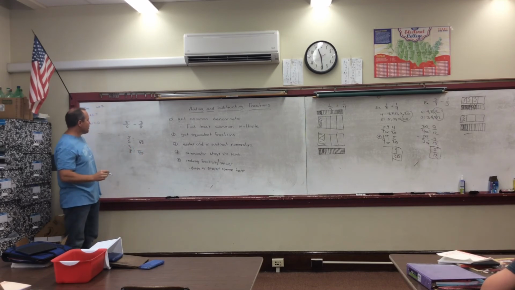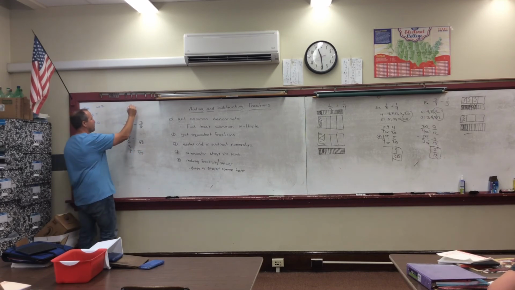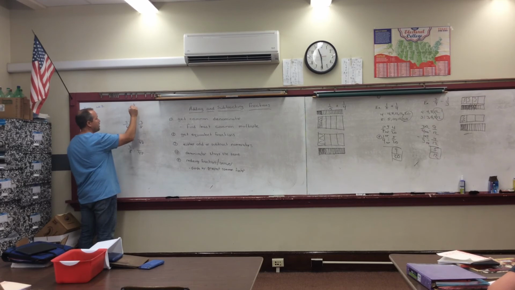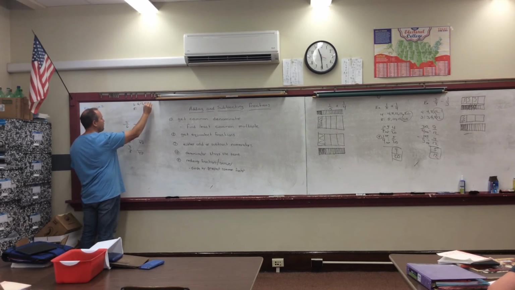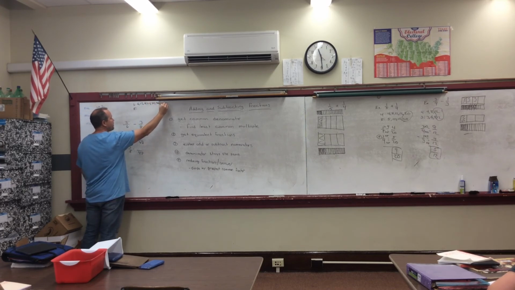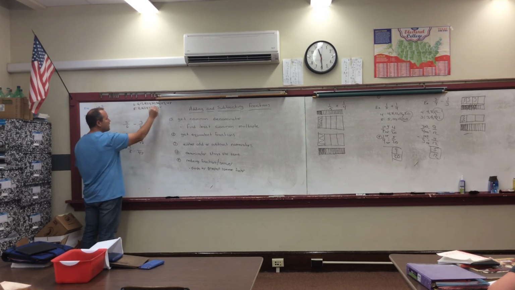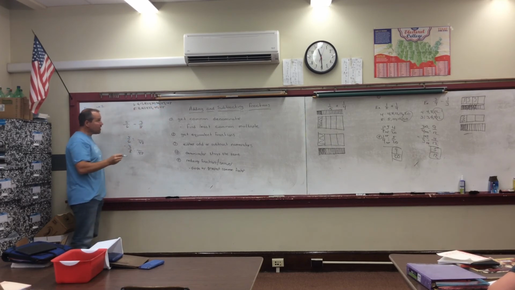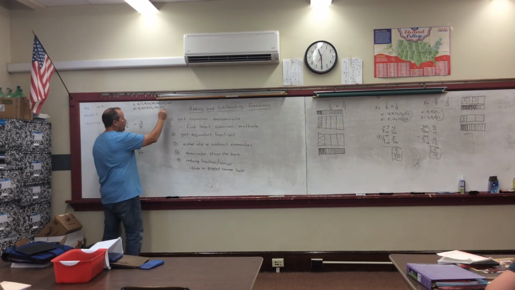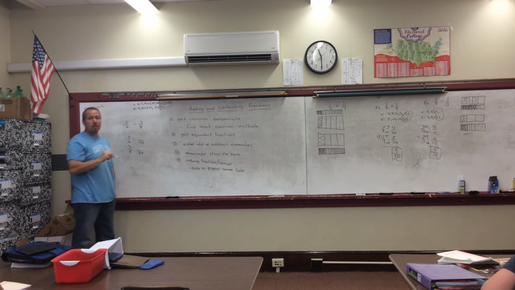If we list the multiples of 6 and 8, multiples of 6 are 6, 12, 18, 24, 30, 36, 42, 48. Multiples of 8 are 8, 16, 24, 32, 40, and 48. Now, 48 is a common multiple.